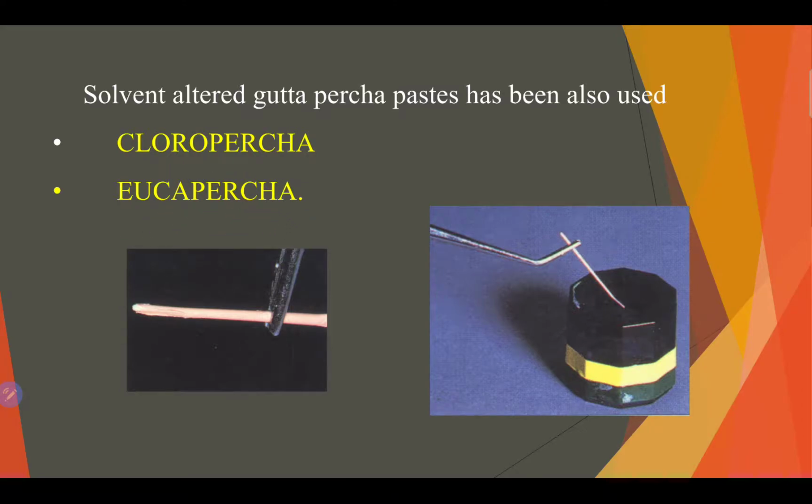So we put our solvent in the dappen dish, and we just dip the gutta-percha in it, and it will be plasticized and dissolved. When we dip it in chloroform, the product will be chloro-percha, and when we dip it in eucalyptus, it is called eu-percha.